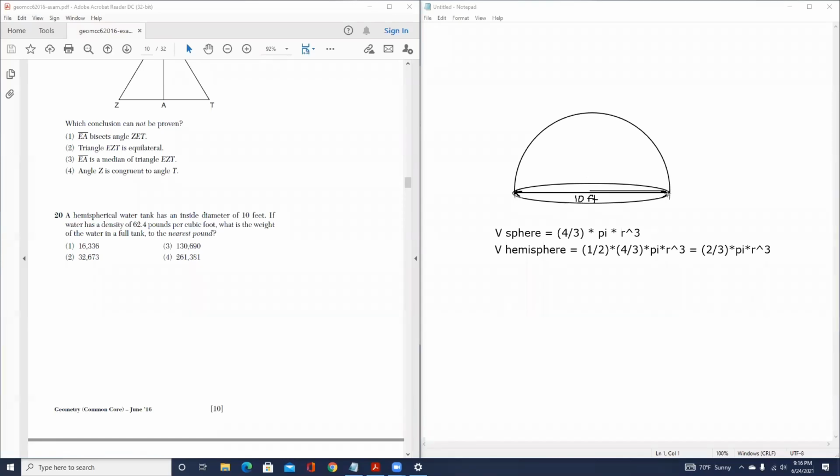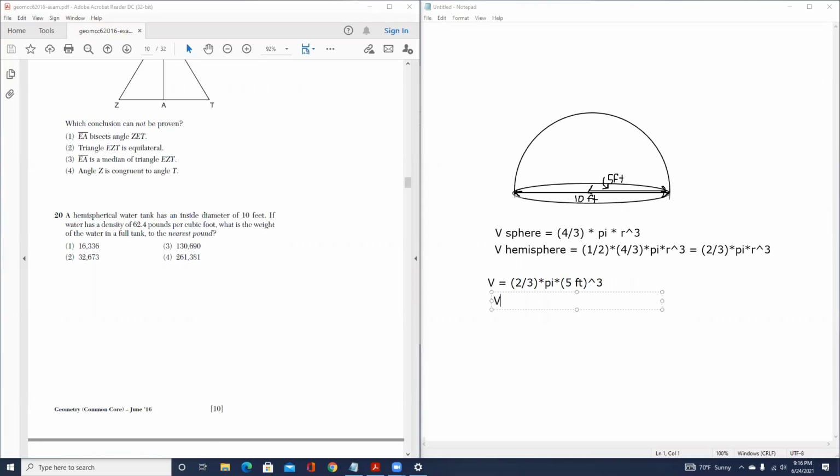That makes the radius equal to 5 feet, because the radius is half the diameter. So the volume that we want is equal to 2/3 times pi times 5 feet cubed.